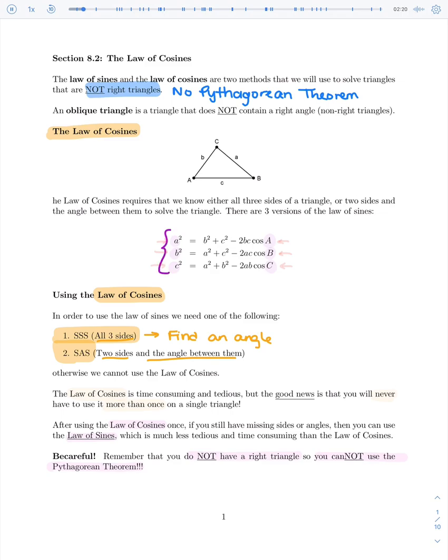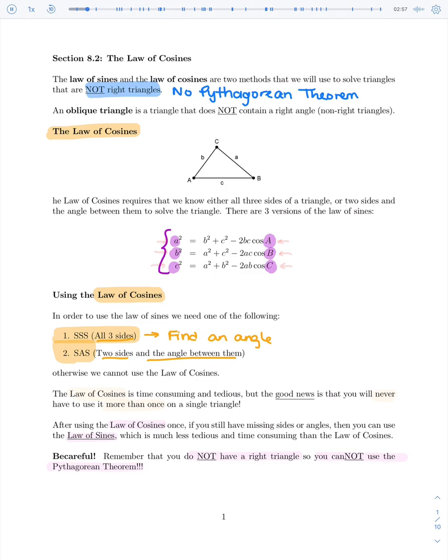Also, another thing to notice with the formulas is that whichever side you start out with on the left is the angle you'll have on the right. So that's always going to be a pattern. Whatever side you have on the left will match up with the angle that's on the right. What it says is you take your first side squared equals your other two sides squared minus 2 times those same two sides again, times the cosine of your angle that matches up with the side that you started out with on the other side.